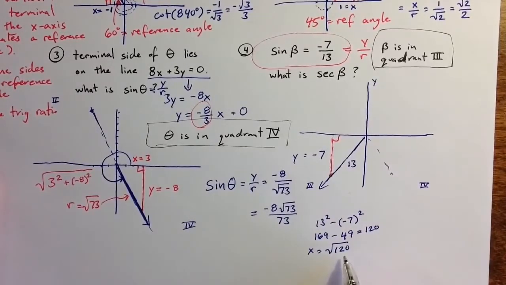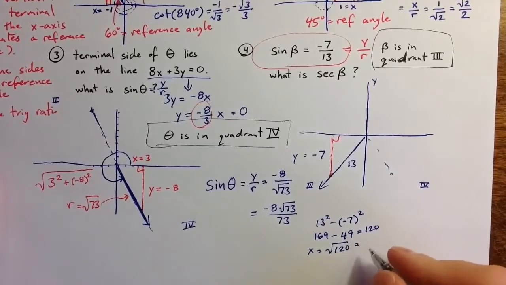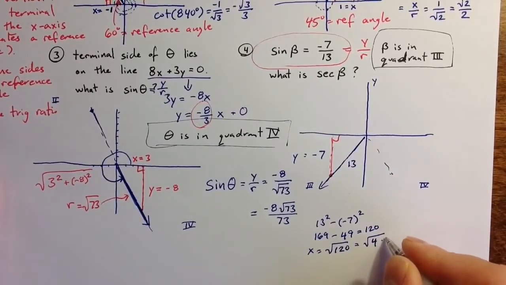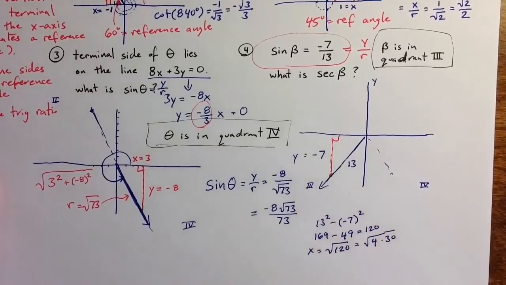And with this example, 120 is actually divisible by a perfect square number, so we could simplify that a little bit. If we think of this as the square root of 4 times 30, since 4 is a perfect square, I can think of this as the square root of 4 times the square root of 30. And so this would be the same as 2 times the square root of 30, which is a slightly nicer number because the value under the square root becomes smaller.